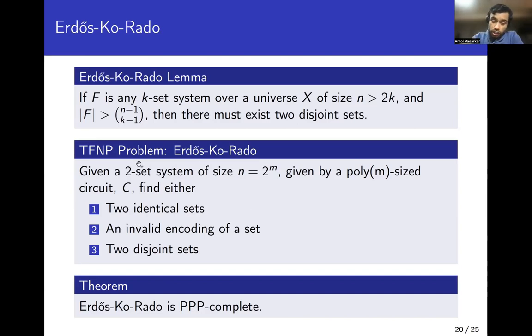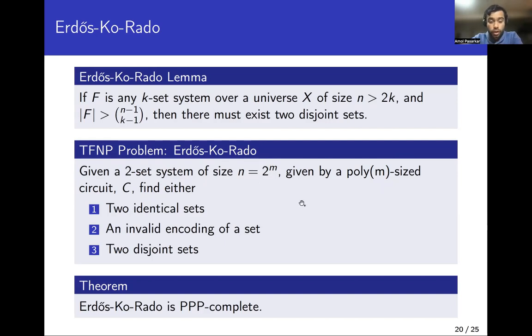And an important detail to keep in mind here is that this problem, again, as we've seen with TFNP, amplifies the hardness by changing the size of the universe to be exponential in the size of the problem representation, which is poly m. So this is something that we've seen with all the other problems, and this is exactly the same construction here. And of course, in this problem, we've simplified where k is actually equal to 2 here.